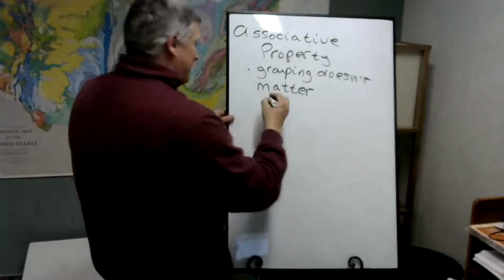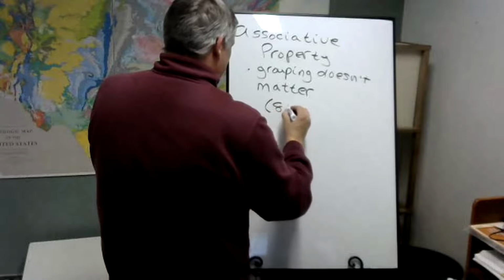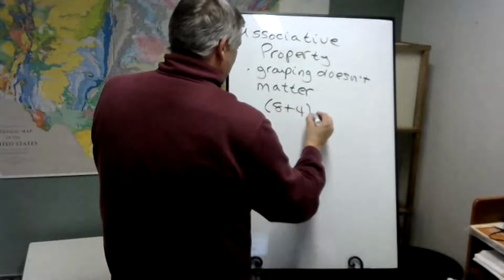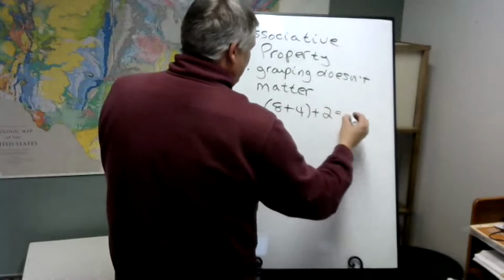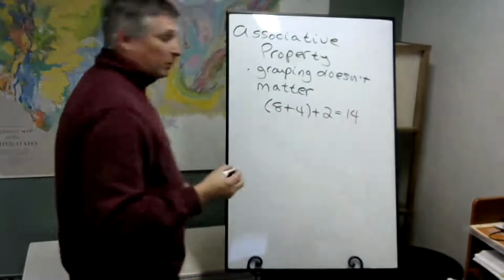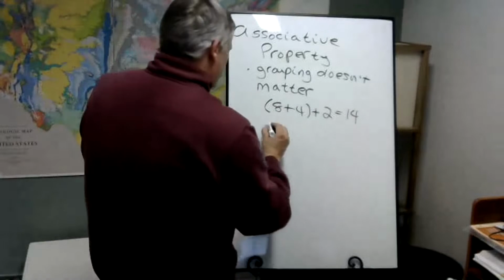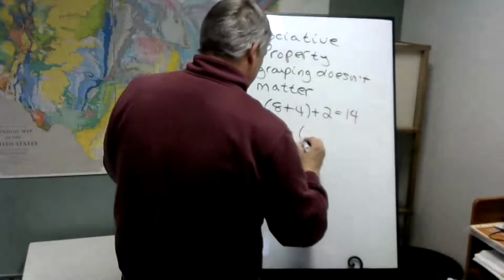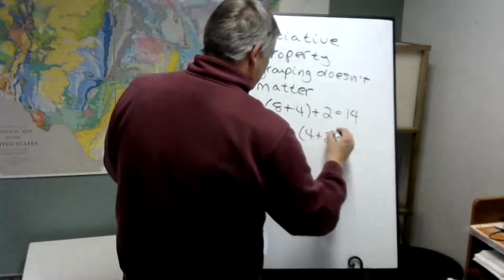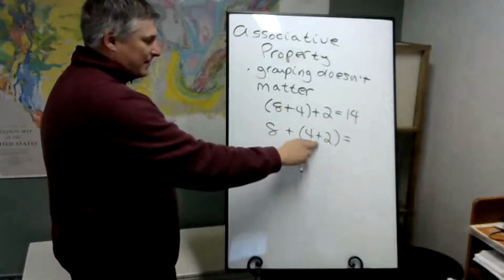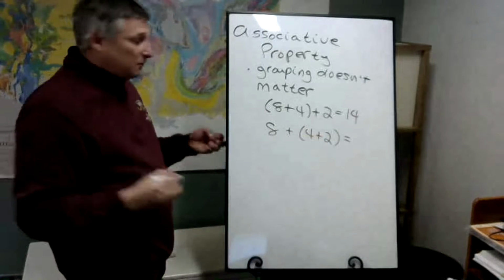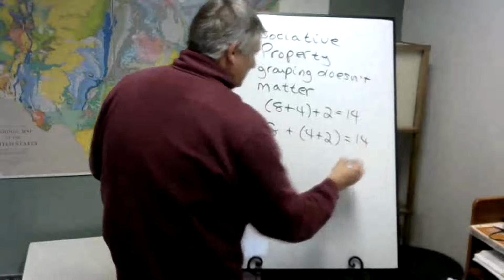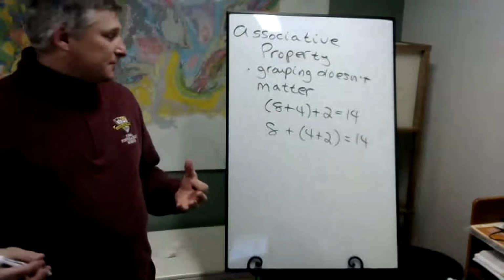Let's say we have 8 plus 4 plus 2, well, that's going to come out to be 14. But instead of grouping 8 and 4, let's group 4 and 2. This will come out to 6, and then 6 plus 8 is still 14. So how we place the parentheses doesn't matter.